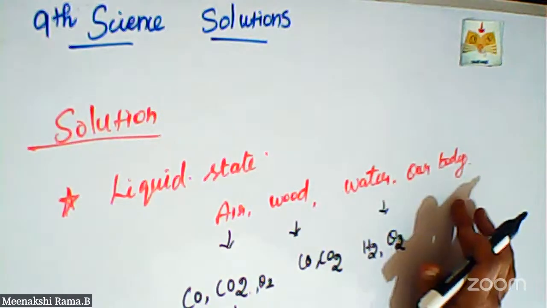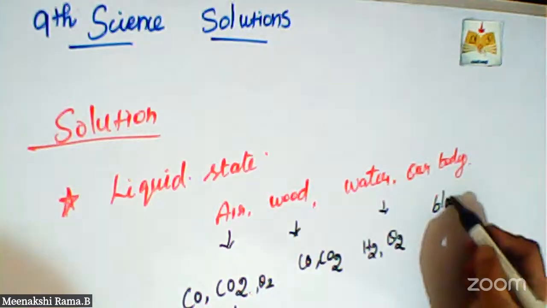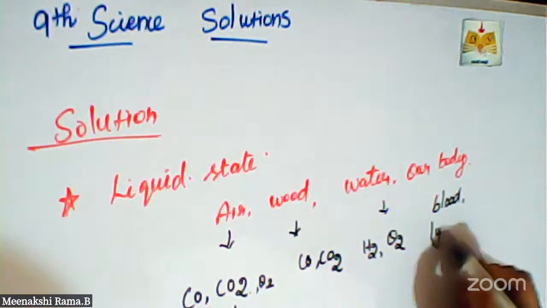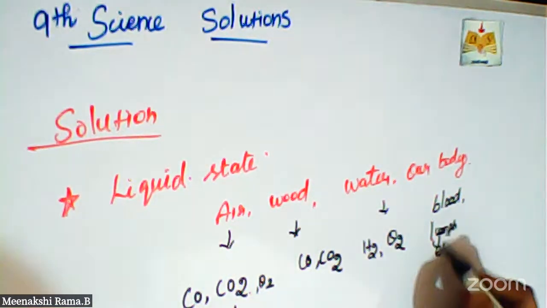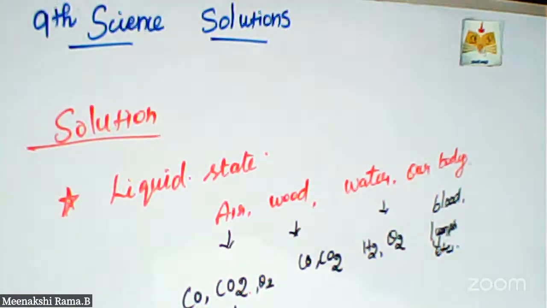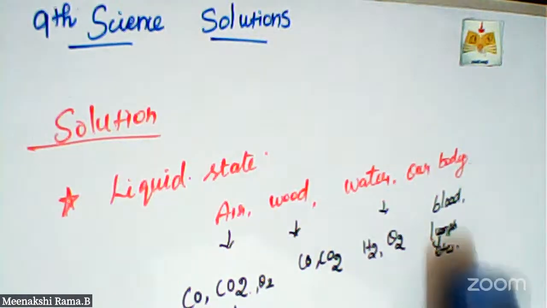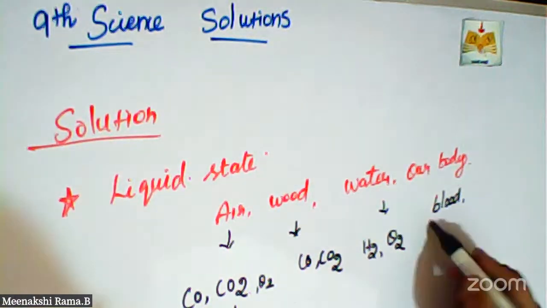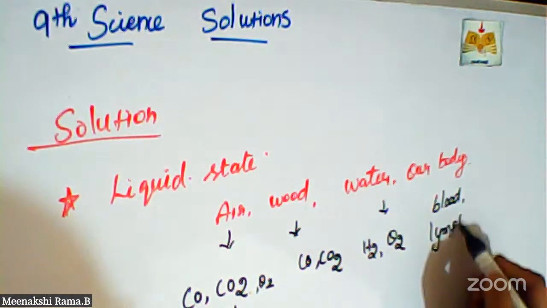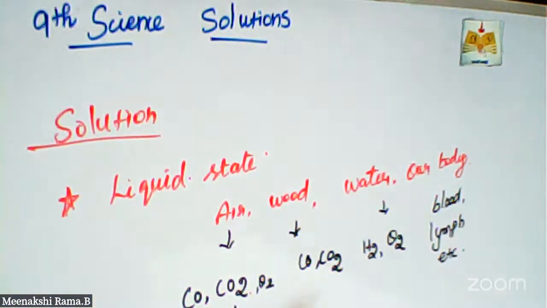In our body, there are different kinds of materials. What are they? Blood, lymph, etc. These are mixed in our body. So these are all examples of solutions. Now we are getting some idea about what a solution is.